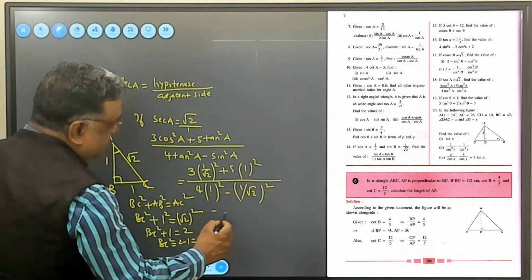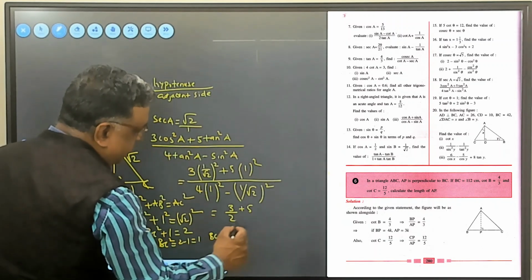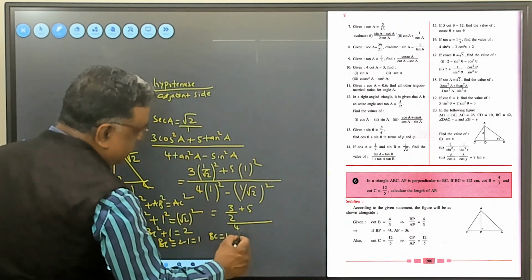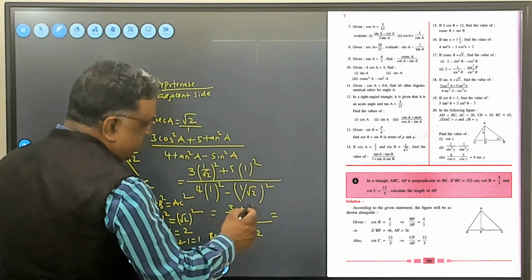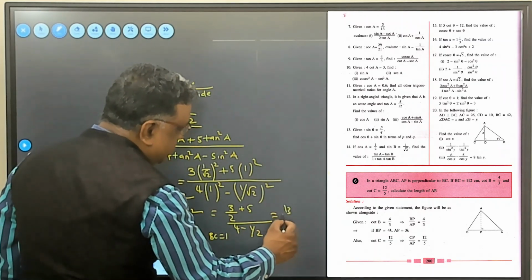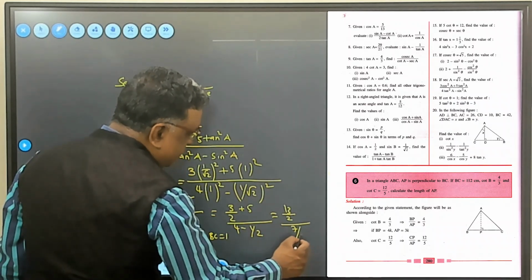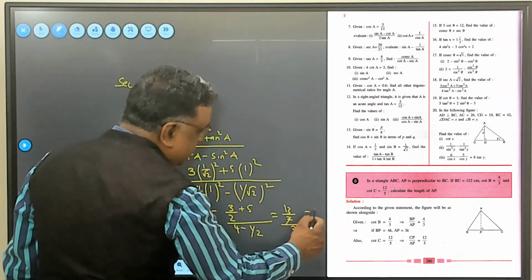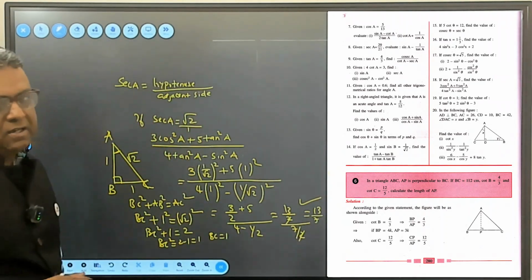Correct? So this will be 3 upon 2 plus 5, over 4 minus 1 upon 2. When we simplify, 5 into 2 is 10, 10 plus 3 is 13, 13 upon 2. 8 minus 1 is 7, 7 upon 2. This gets cancelled. Answer is 13 upon 7. Understood?